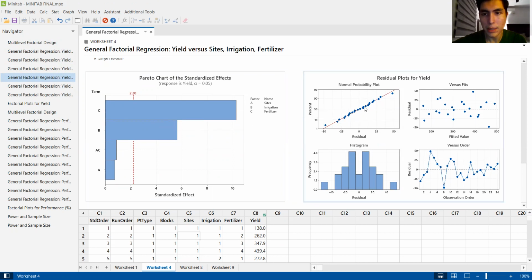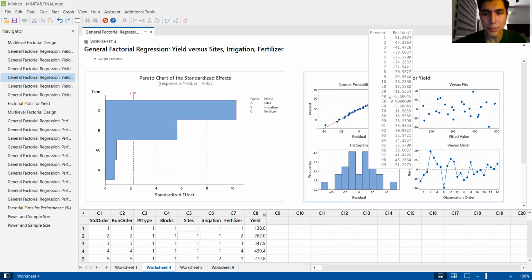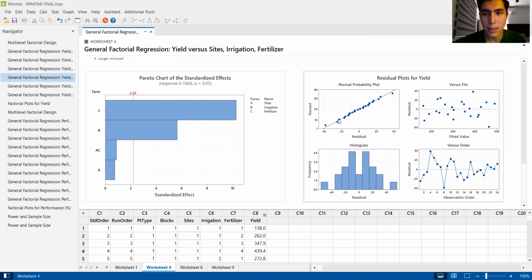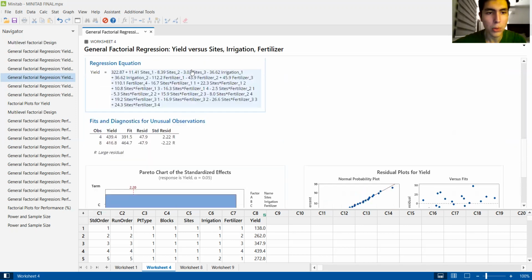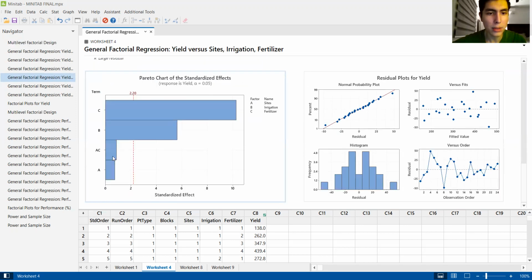On the normal probability plot, we can see here that it has improved a lot. It's more of a linear shape on the dots, no outliers, and the versus fit is kind of randomized, but let's see if we can improve it even more by taking out the A factor.